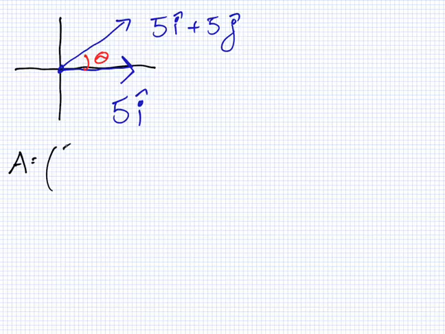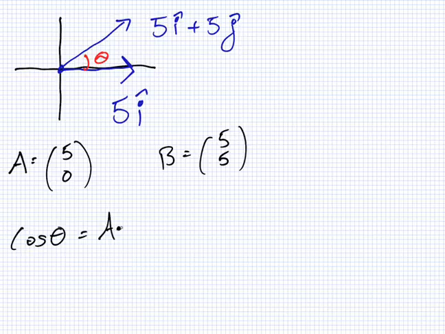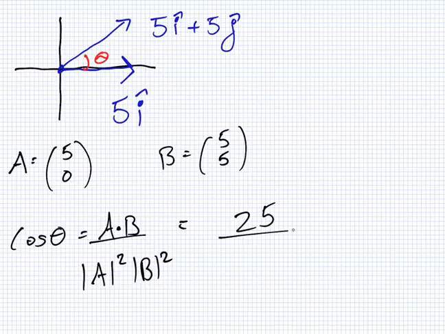So A is 5 and 0, and B is 5 and 5. And our formula is cos theta equals A dot B over magnitude of A squared, magnitude of B squared. So what's A dot B? 25. What's the magnitude of A? You forgot the square root.